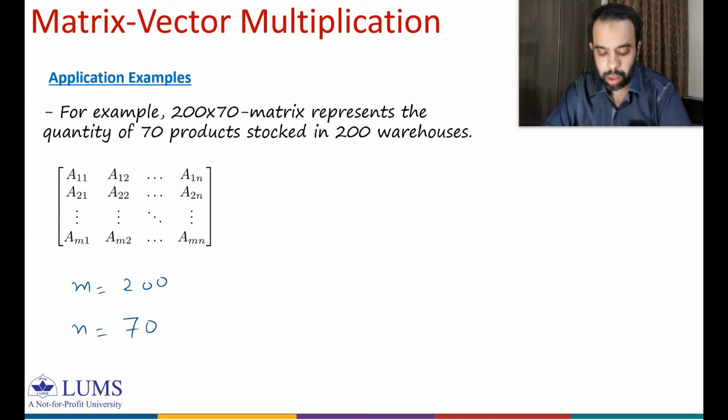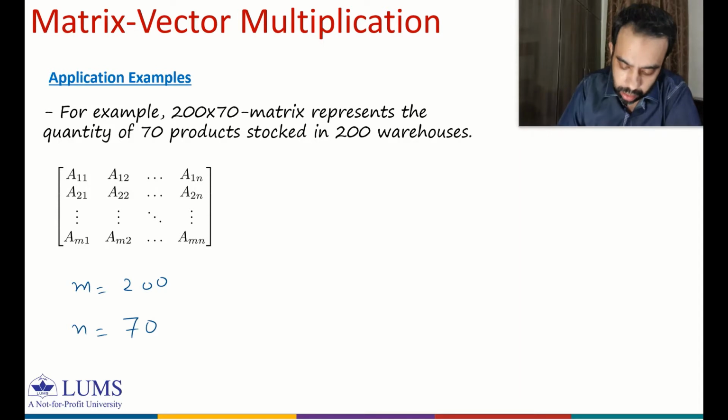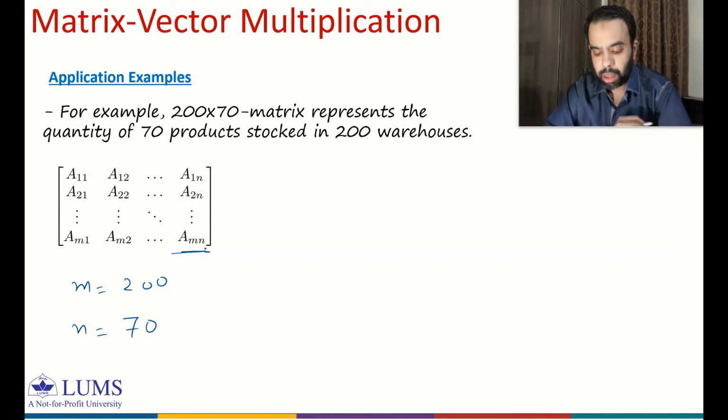So what does a21 denote? A21 denotes the quantity of the first product in the second warehouse, and similarly amn describes the quantity of the nth product, the 70th product, in the 200th warehouse.